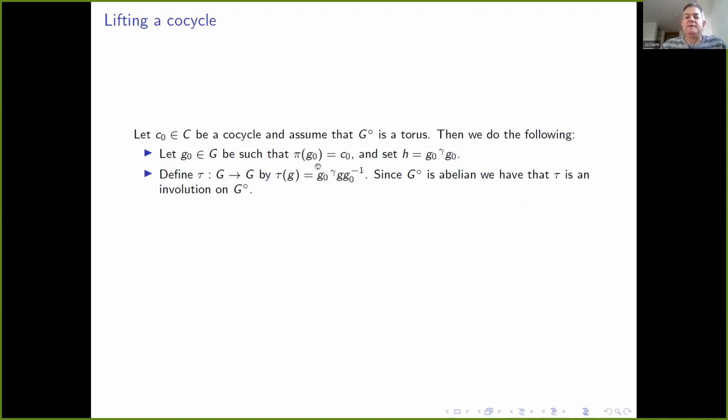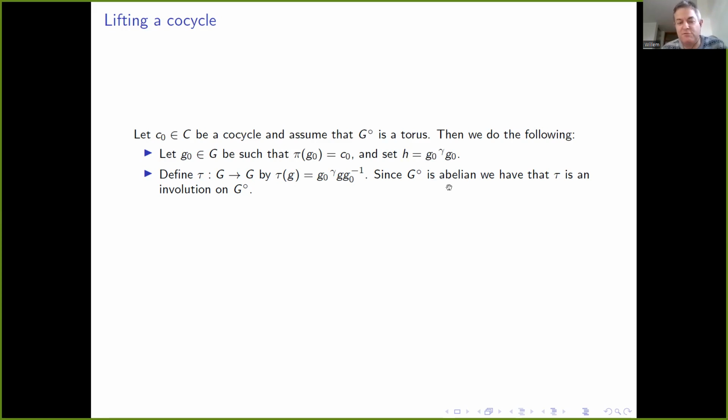And then we define a new conjugation on G like this. Now we twist the old conjugation by g naught. It's not so difficult to see that since the identity component is a torus, it's abelian. And a thing that we also need is that a little h lies in the torus.